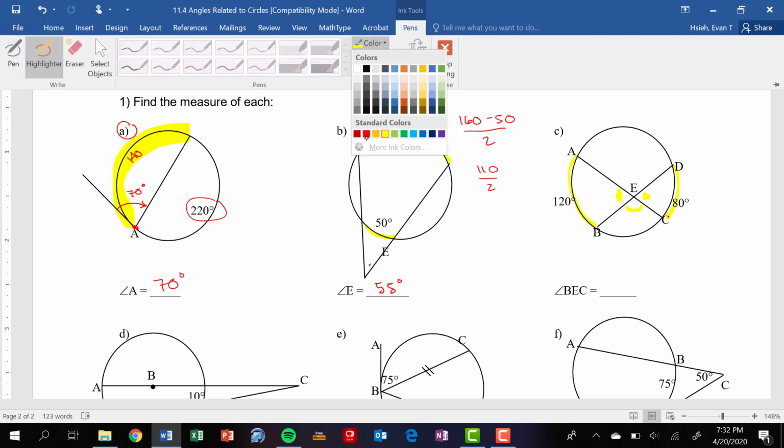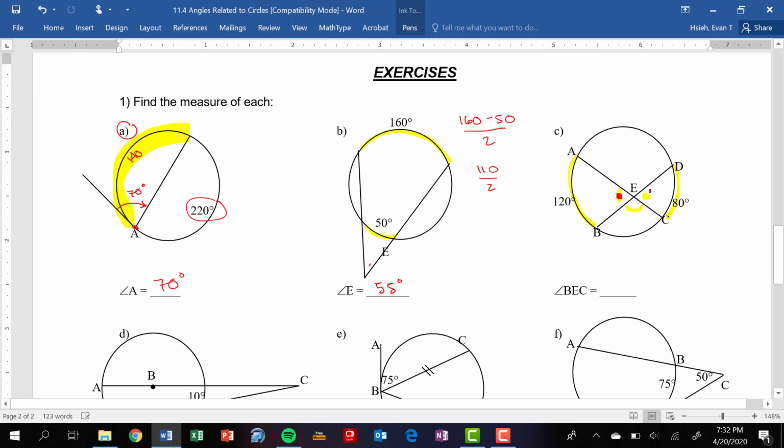So I can find these 2 angles right there. It's going to be half of the sum, so it's going to be 120 plus 80 divided by 2. So it's going to be 200 divided by 2, or 100 degrees. That's the measure of that angle right there, but I know that this is supplementary to it, so it's 80 degrees, and that is going to be that angle right there.